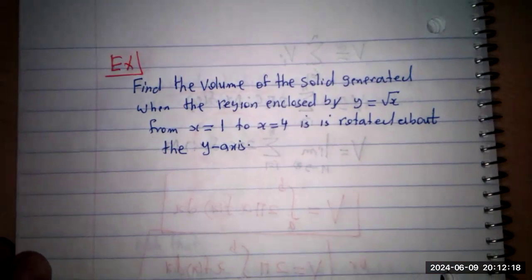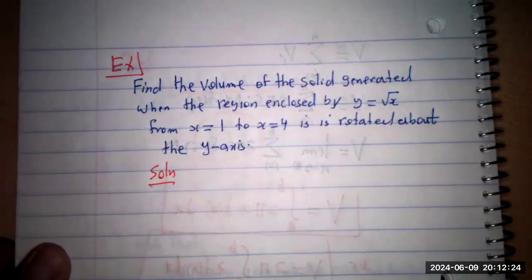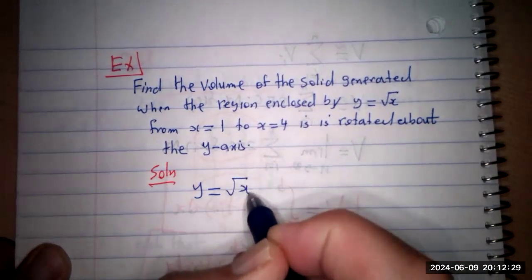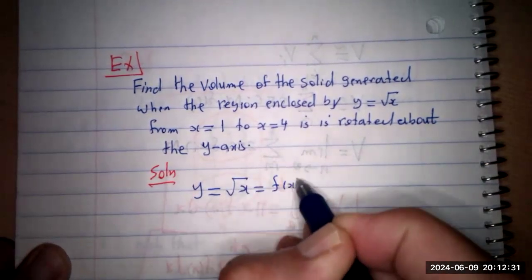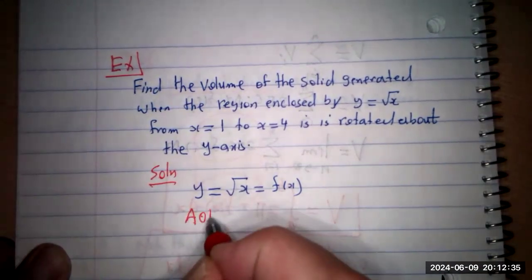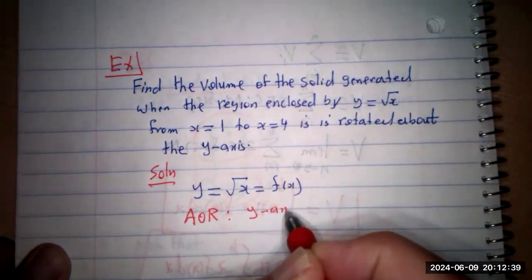You check to see which method you are going to use. The solution: you see the function is y equal to the radical x, which is a function of x. The axis of revolution is what? The y-axis.